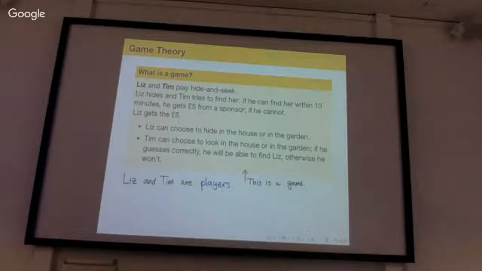So Liz and Tim are players. Now, Liz has two options, right? She can hide in the house or hide in the garden. That's what it says. But these things are also called something. So A, hide in the house.